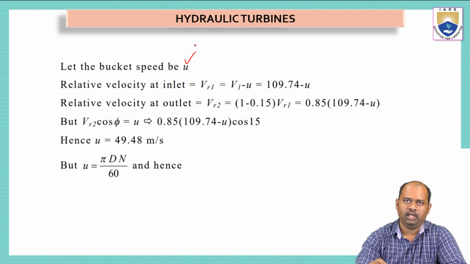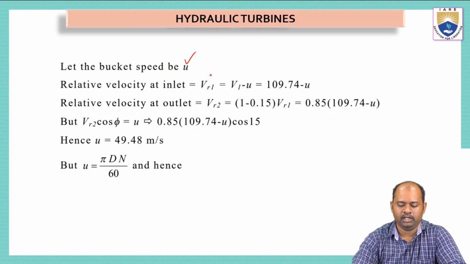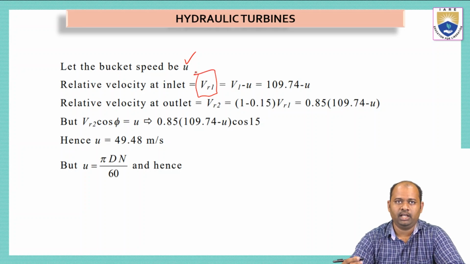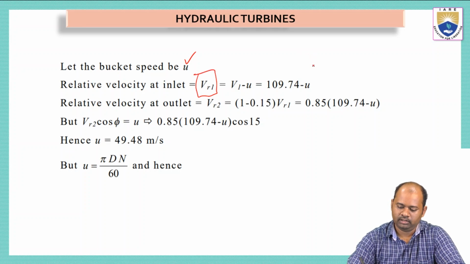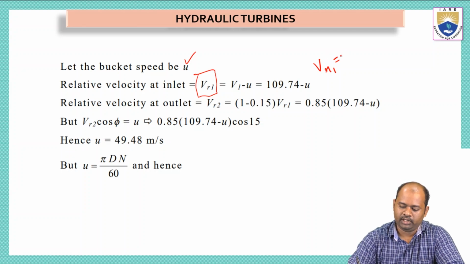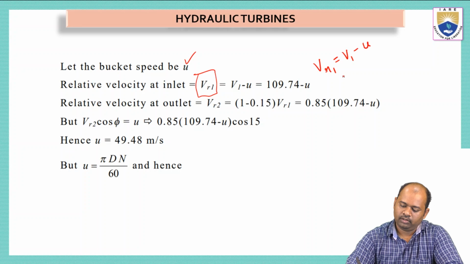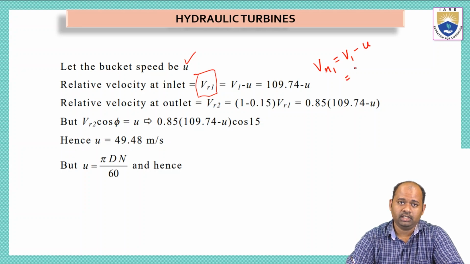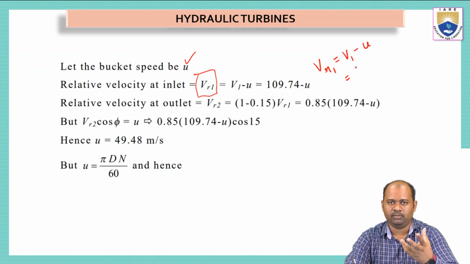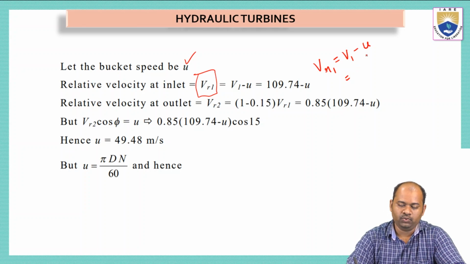Small u. And relative velocity at inlet is taken as VR1. If you want to calculate the value of VR1, we have to take it from this velocity triangle. VR1 is equal to V1 minus U. V1 is the velocity of the water at inlet, and U is the velocity of the vane.